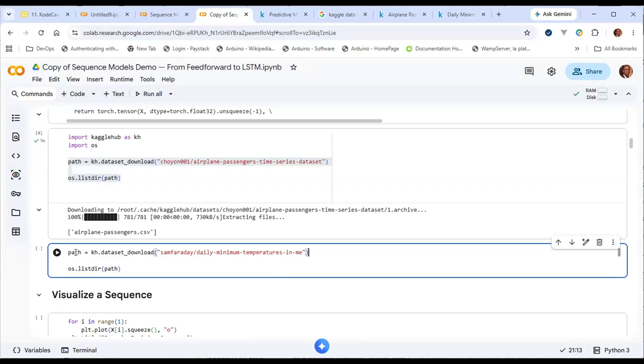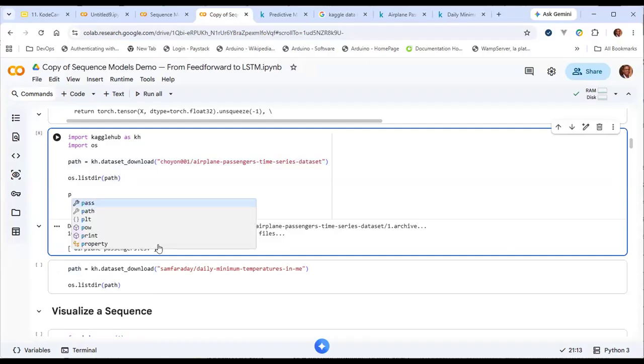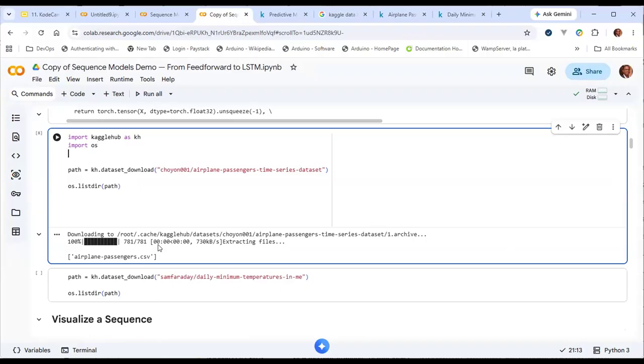So we have two sets of paths. We have airplane passengers, and we can just load this into a pandas data frame as we usually do.